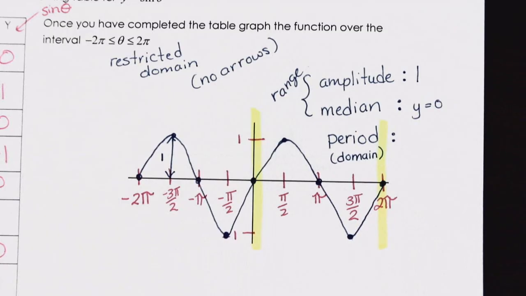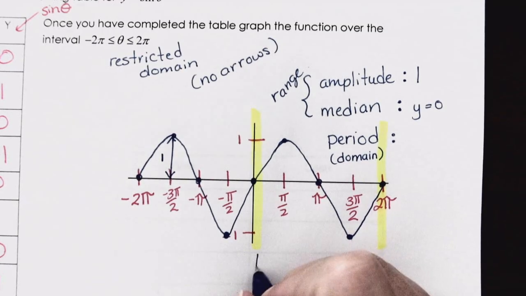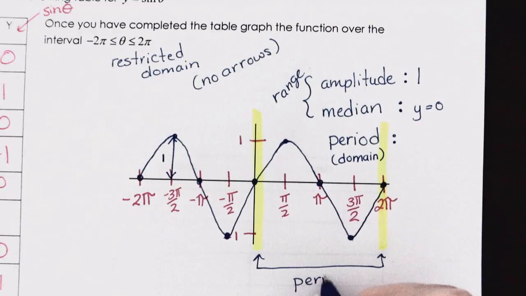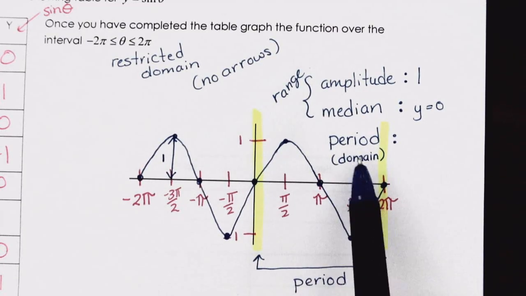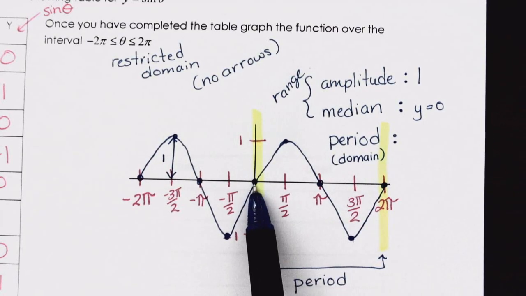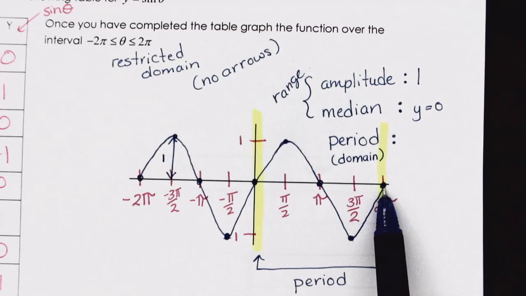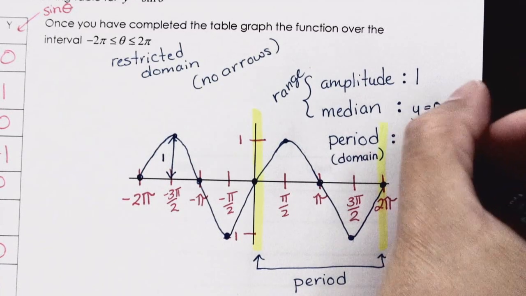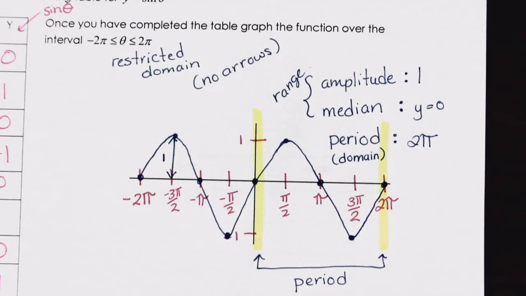So how far have I traveled? A full rotation, but remember it's related to the domain. So I started at 0, and I ended at 2 pi. 1 cycle, give it to me as a radian. 2 pi.